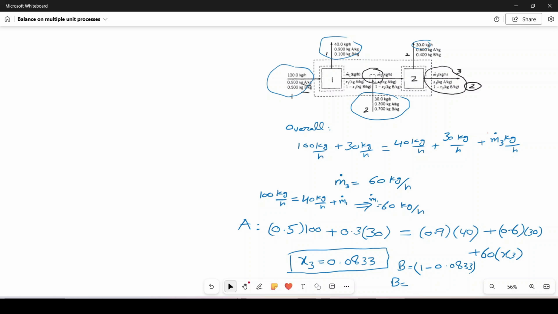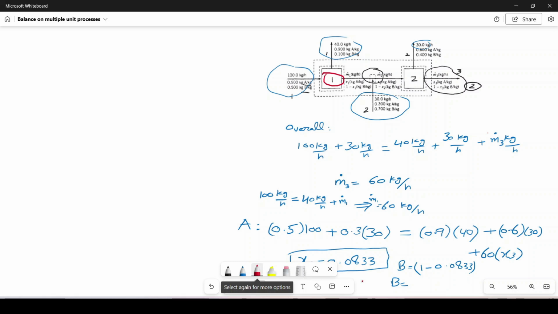Similarly, I just wrote the species balance on the overall system, but we can also write the same species balance only on the first unit process, number 1. I will change the pencil color to red, and I am going to apply a species balance on unit process 1.